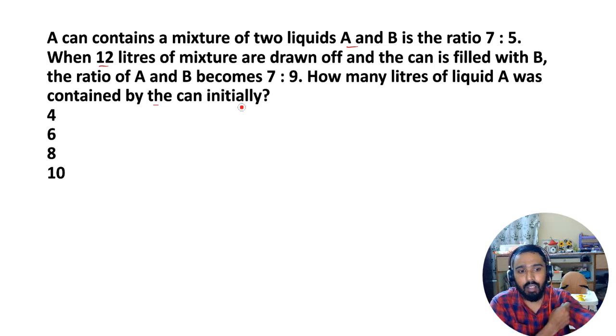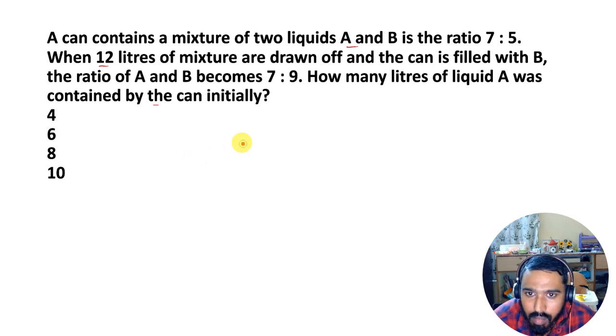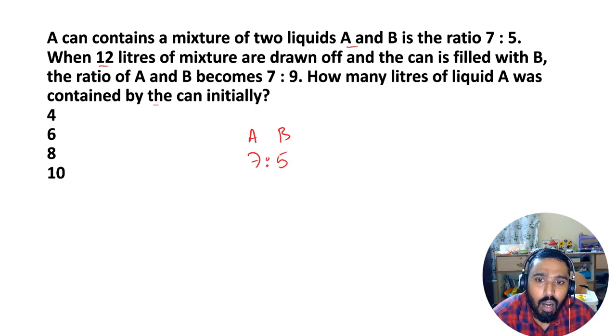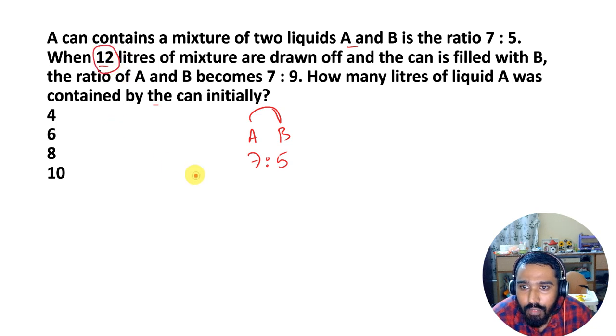Let's see. What we have to do here is, A and B are in the ratio 7:5. Out of this 7:5, I need to remove 12 liters of the mixture.